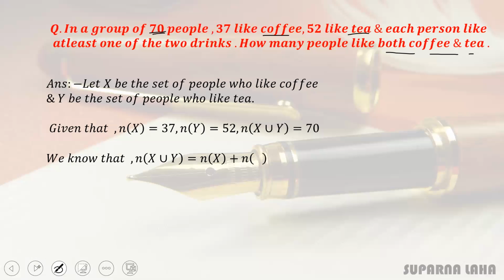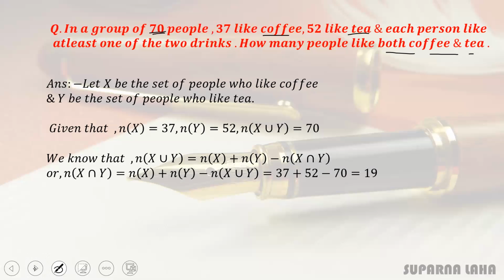So you know the formula, that is the number of elements in X union Y is given by the number of elements in X plus the number of elements in Y minus the number of elements in X intersection Y. So find the value of the number of elements in X intersection Y. Just put in the given data, and this is 37 plus 52 minus 70.